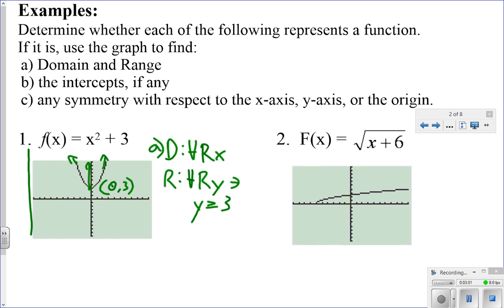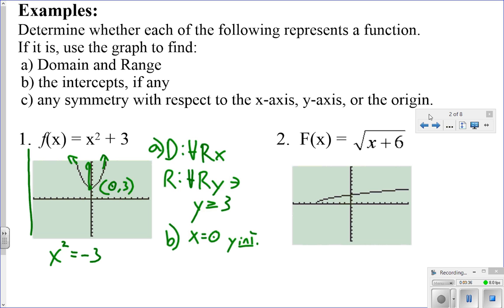Next, my intercepts. Notice if I let y equal 0, or f of x, I'm going to get no solutions because I'll get x squared equal to negative 3. Nothing squared can be negative, hence we have no x-intercepts. For my y-intercept, that's when x is equal to 0.